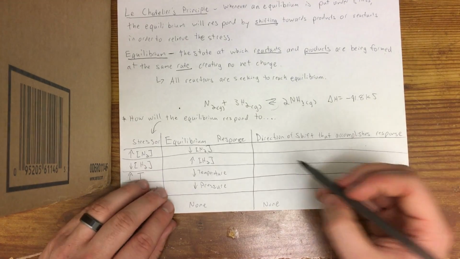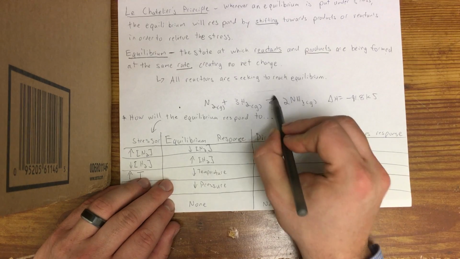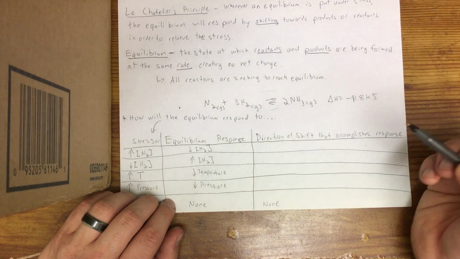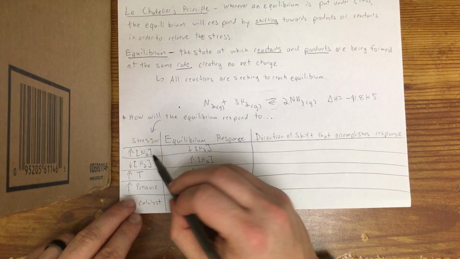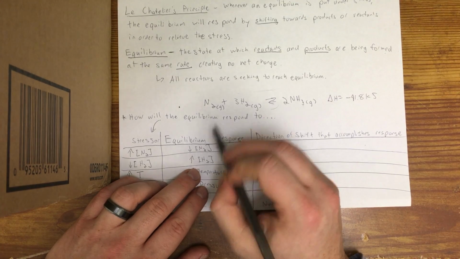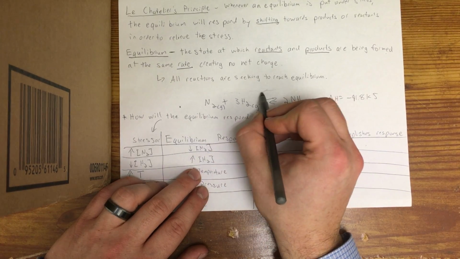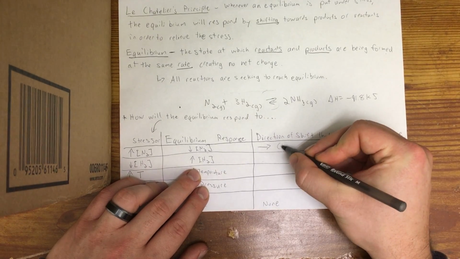The only way that it has to do this is it will take the extra nitrogen that you added and convert it into products. It will convert it into ammonia. So since the equilibrium wants to decrease the concentration of nitrogen, it will move in this direction away from nitrogen. So the equilibrium will shift to the right towards products.